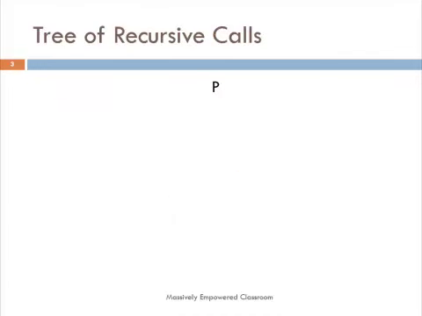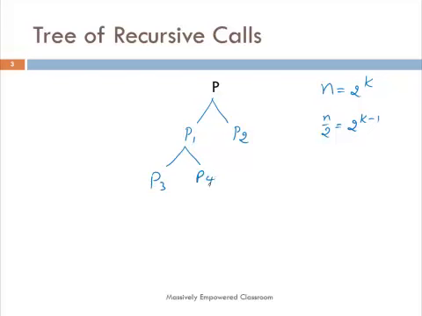So when you are given a problem P, we divide it into two subproblems, P1 and P2. So if P was of size n equals 2 power k, P1 and P2 will be of size n by 2 equals 2 power k minus 1. P1 may get divided further into P3 and P4.